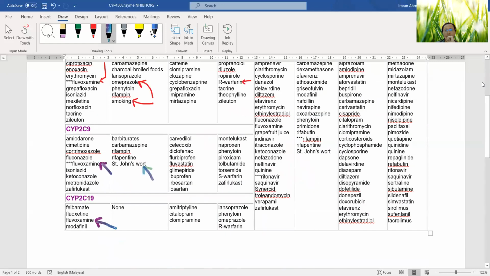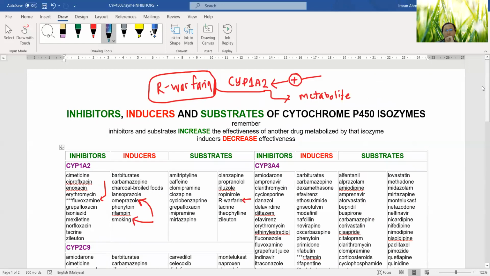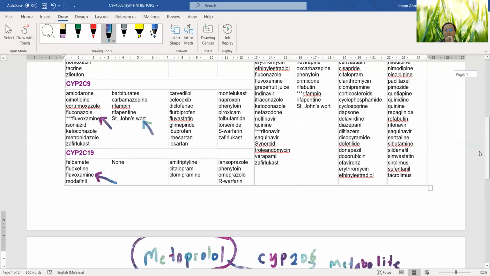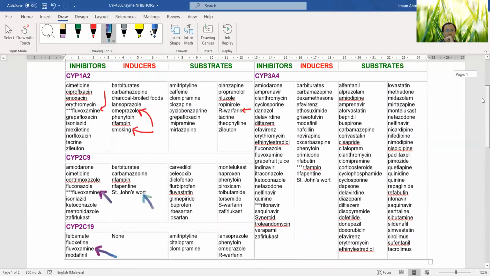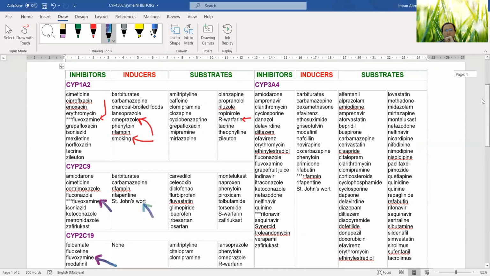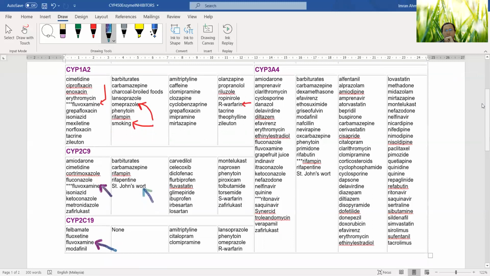Let's look at the CYP3A4. CYP3A4 has the most number of substrates, as you can see. Let's look at examples of antidepressants from this group. Citalopram is an SSRI. Then we have clomipramine, a tricyclic antidepressant.